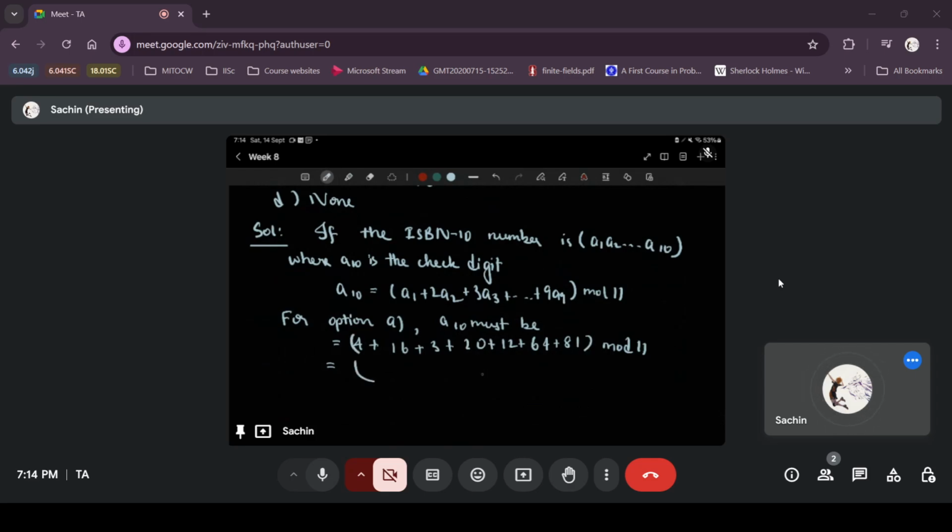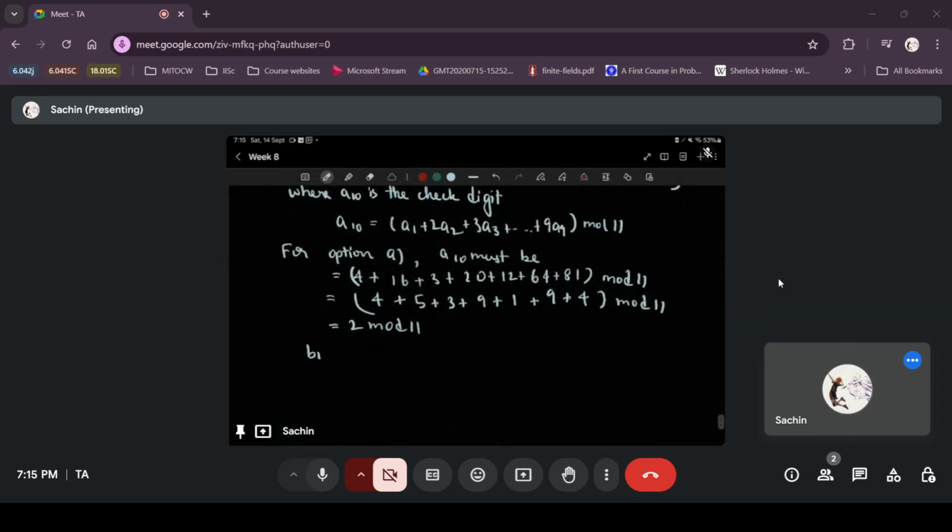So I'll simplify it this way. 4 plus 16 is 5 mod 11, 3 plus 20 is 9 mod 11, 16 plus 4 is 9, and this is 4. 5 plus 4, 9 plus 3, 12, which is 1, plus 9, 10, plus 1, 11, plus 9, 20, which is 9, plus 4 is 13, makes 2 mod 11, but A10 is 1. So invalid.